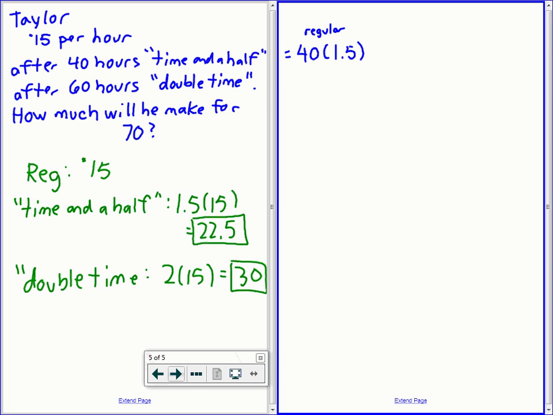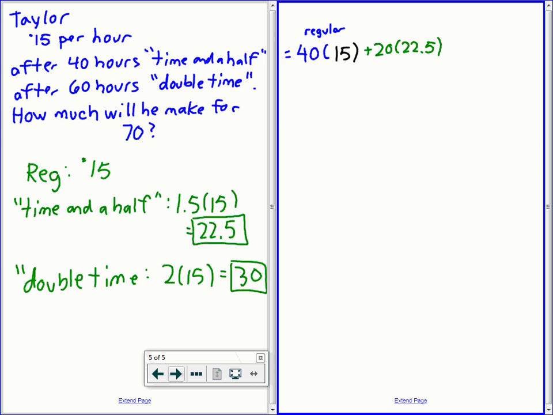So how many hours do we get at time and a half? Oh, good. Okay. So it's going to be plus 20, at 22.5.